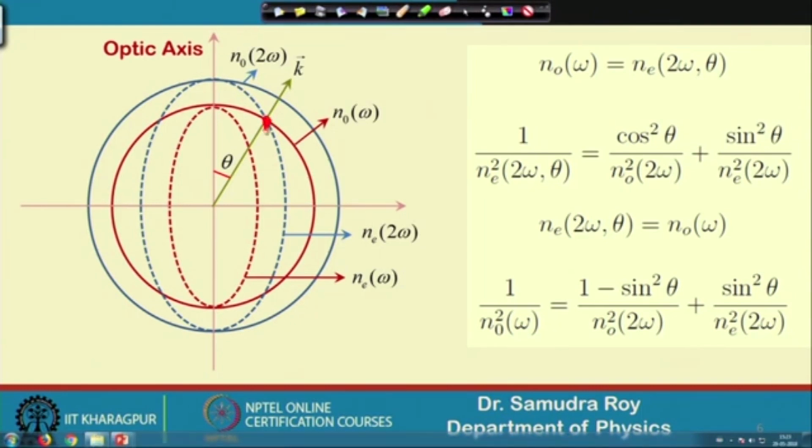So now we have in our hands that n_o of omega is equal to n_e of 2 omega at theta. Now we have the equation in our hand, and this equation is a very old equation.